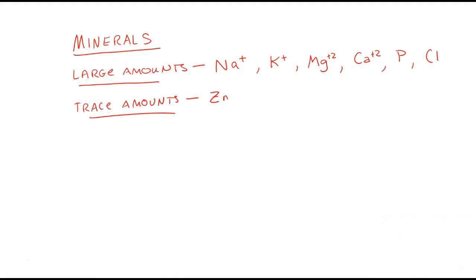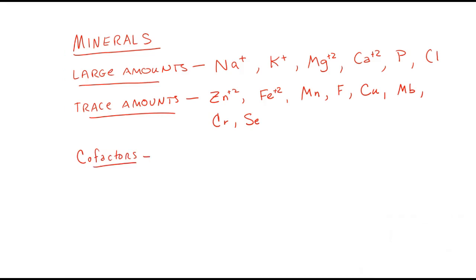For example, zinc, iron, manganese, fluorine, copper, molybdenum, chromium, and selenium. And minerals are cofactors. Again, cofactors are kind of like coenzymes in the sense that they assist enzymes in carrying out their function.